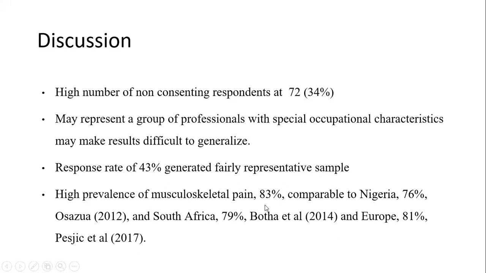We note high musculoskeletal pain, which is 83%. This is comparable to the other statistics we have: Nigeria 76%, South Africa 79%, European studies 81%.